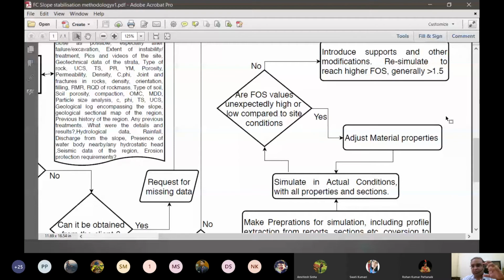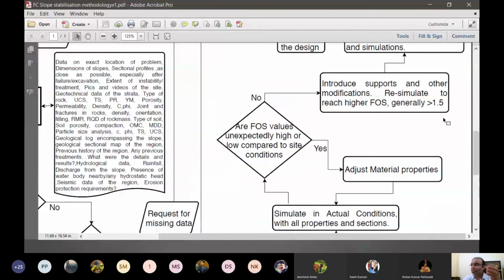This is called verification of the model. Verification of the model is mostly done in the first step of the simulation work to represent the field condition, and then we go for further simulations to understand what is going on.